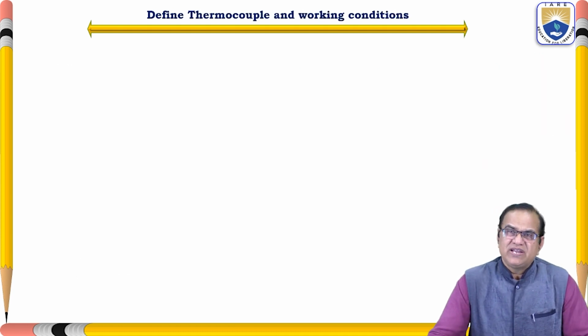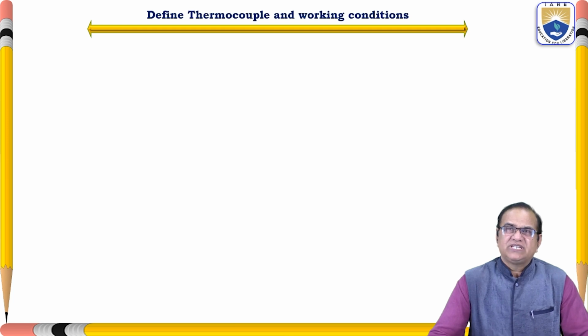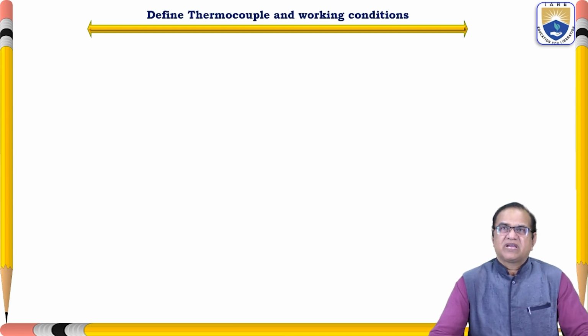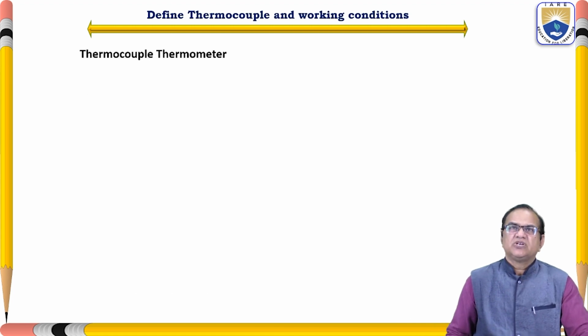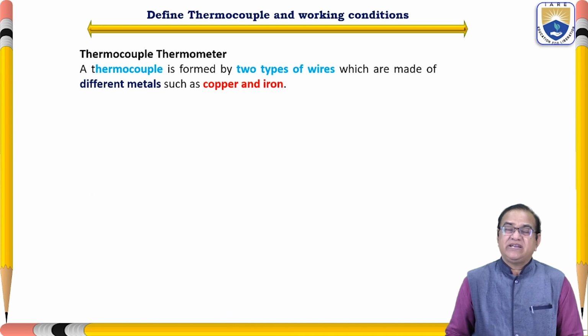Now we have to define another very important device, that is the thermocouple and its working conditions. The thermocouple thermometer is used for high temperature devices, to measure the temperatures of engines, gas turbine engines, and in hot zones.